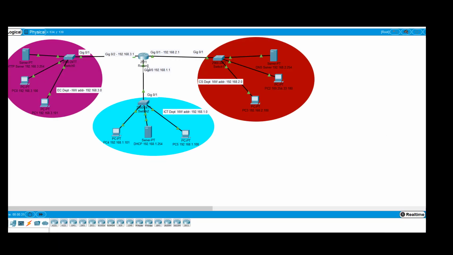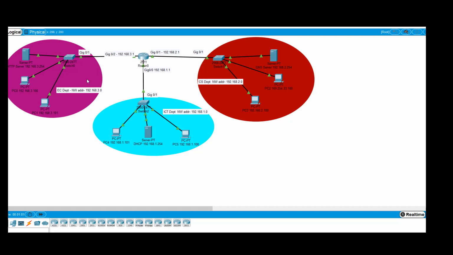You can see here, assume that it is a college network. In this college network, assume we have 3 sub networks. This blue color is one network, this sky blue is another network, red is another network. In each network we have many hosts connected. We identify this network with the IP address 192.168.3.1, this network with 192.168.1.1, and this network with 192.168.2.1.